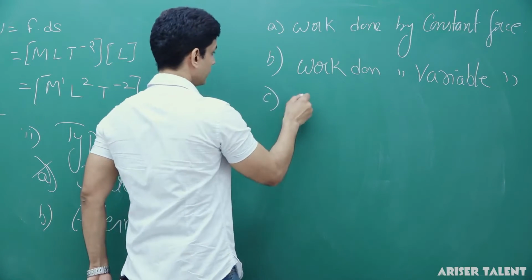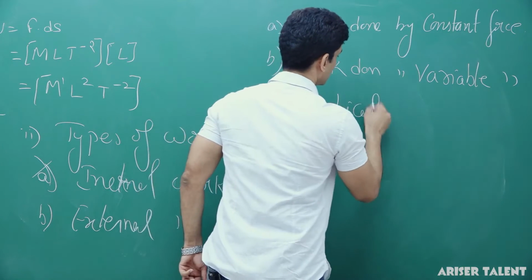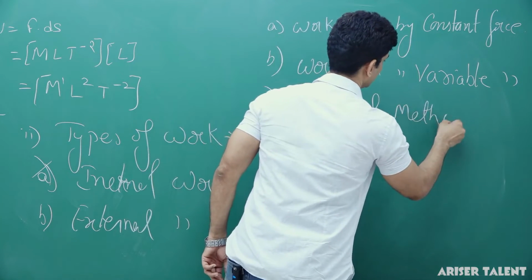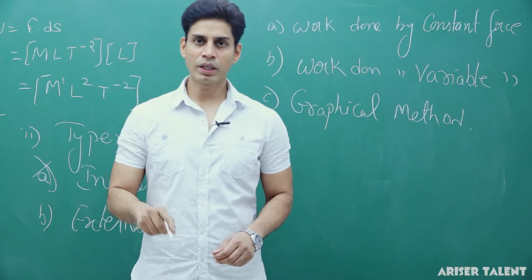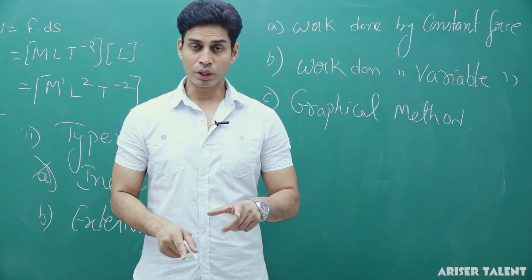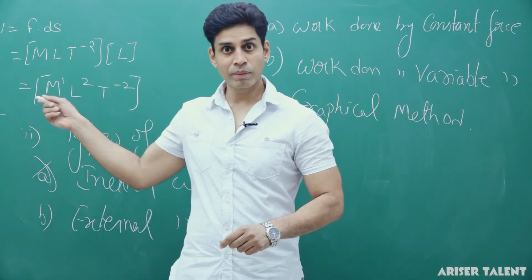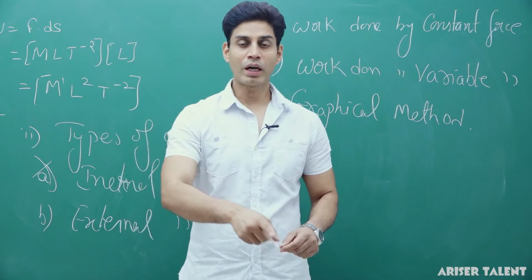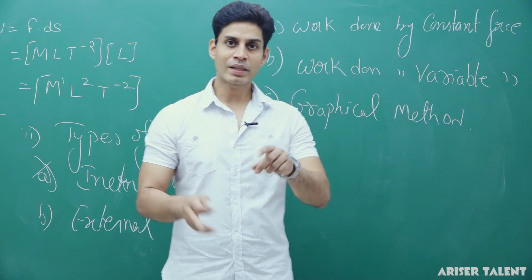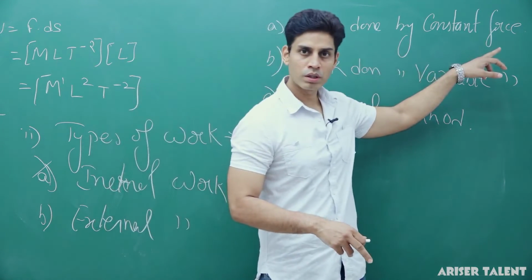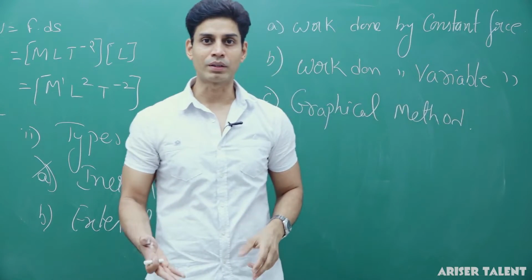And the last is the graphical method to calculate work. That is, three types of question can be asked in the entrance based on work only. Although the name of the chapter is work, I am strictly talking about the first work. So there are three types of numerical: calculation of work by constant force, calculation of work by variable force, and calculation of work by a graphical method.